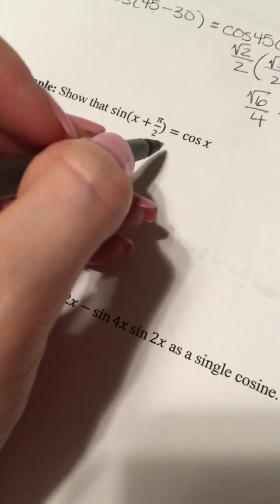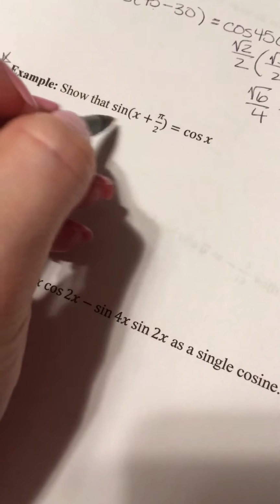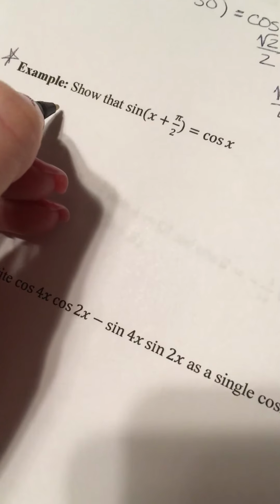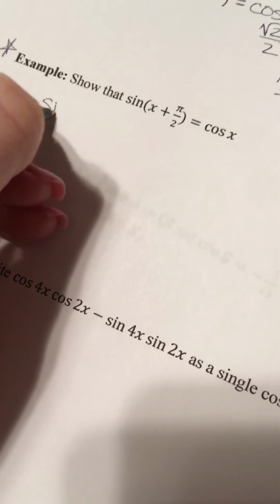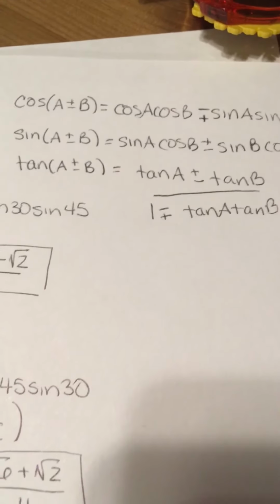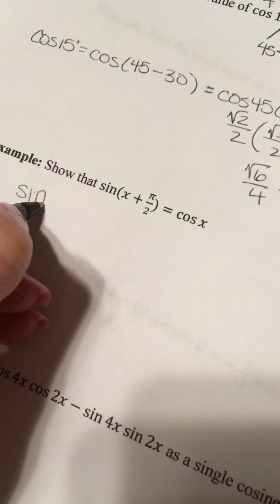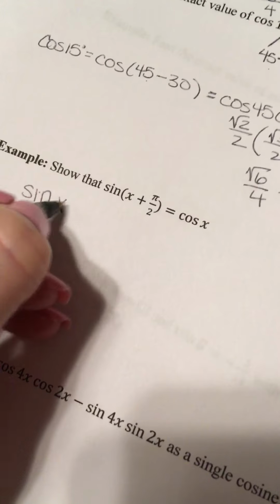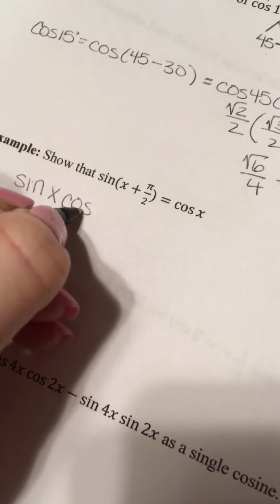So what I'm going to do is expand this out using my sine formula. So sine formula up at the top. So this is going to look like sine of x cosine pi over 2.